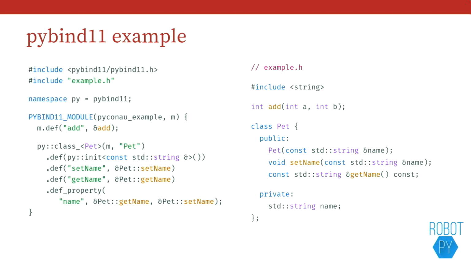So this first line here with the PyPack in it, that corresponds to the constructor here. And then we bind the setName, getName methods, fairly straightforward. And then we can also declare a property, just like you could in Shoboken.